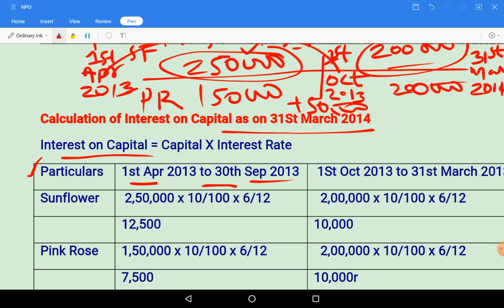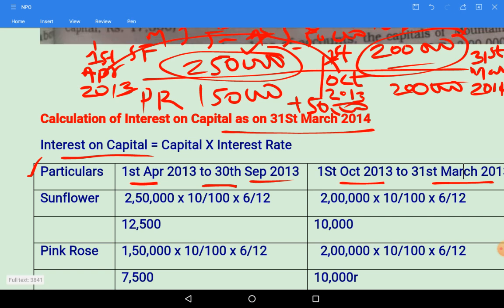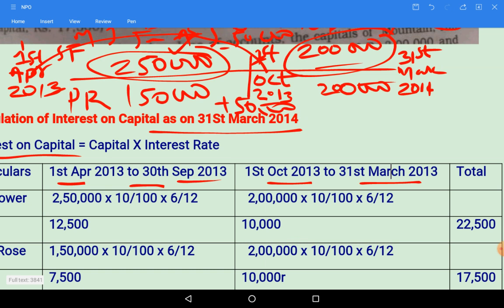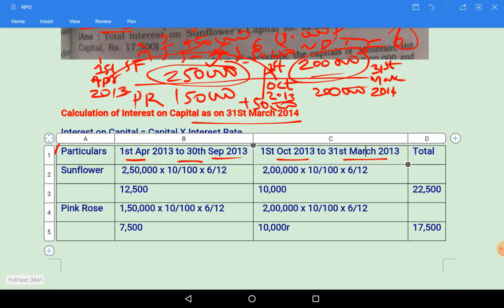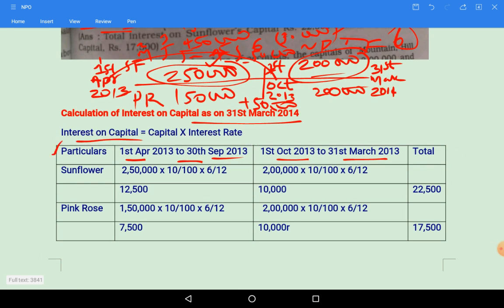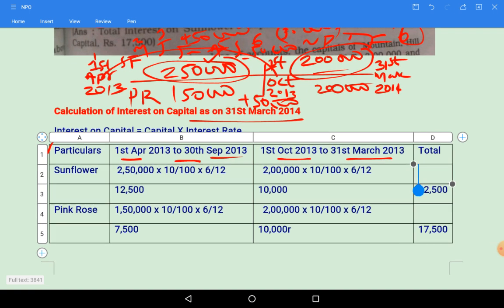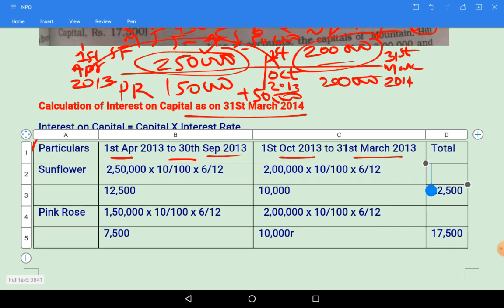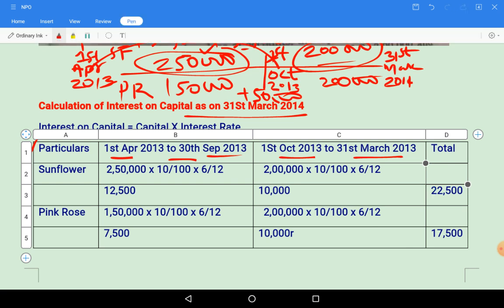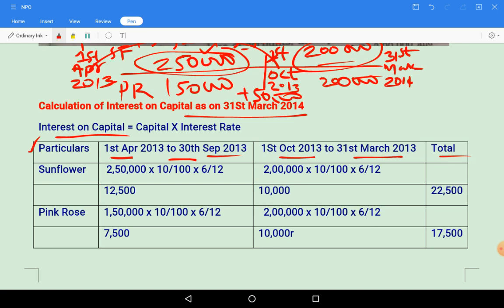Next 1st October to 31st मार्च. ये दो पीरियड का क्या है, इंटरेस्ट कैलकुलेशन है अपने पास, राइट. दिखाई दे रहा आपको, राइट. हियर वी गो विथ नाउ. सो टोटल फॉर सनफ्लावर.